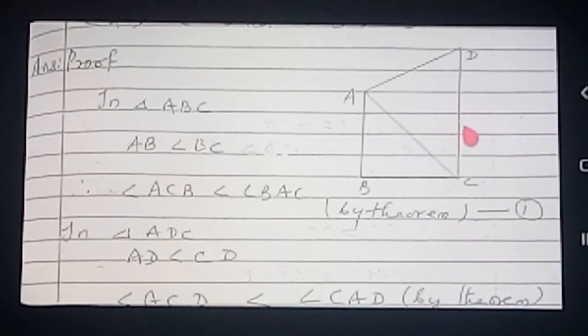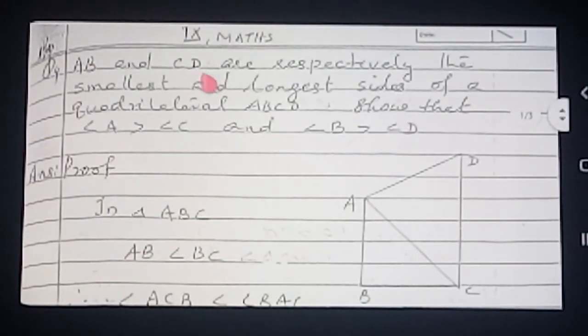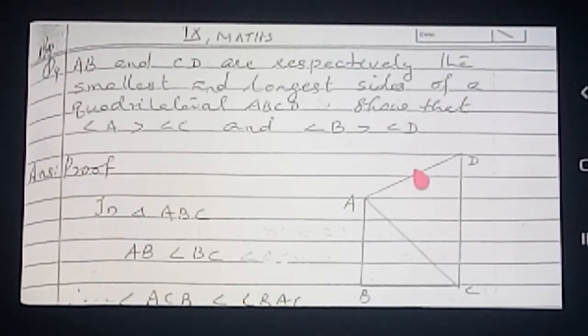Already given in the question, CD is the longest side. Given, no? Read the question. CD is the longest side, already given. So in this triangle, very clearly we can say that among AD and CD, AD is the smallest one, because CD is the longest side given.